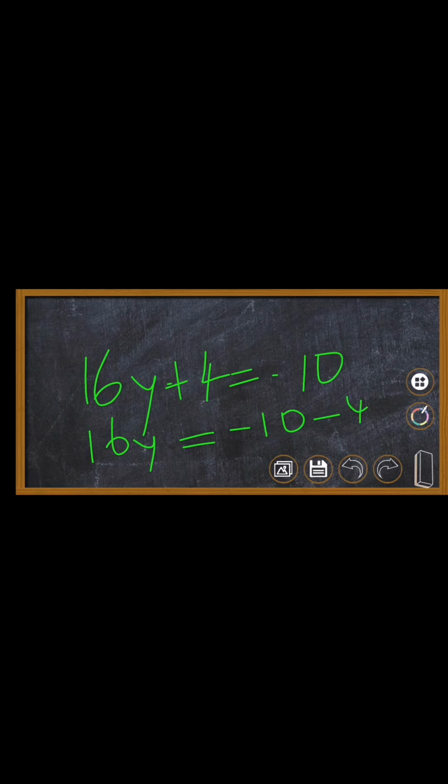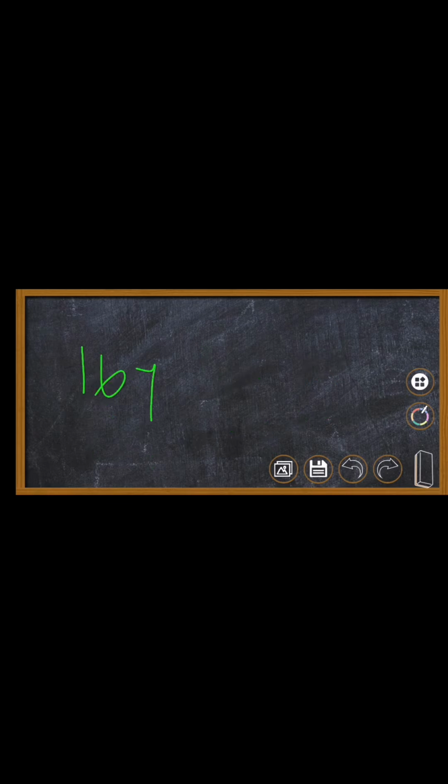So we're going to have 16y plus 4 is equal to negative 10. So that's a plus. What's our first step? Put all the unknowns on one side. So we're going to have 16y, and we're going to have negative 10 minus 4.